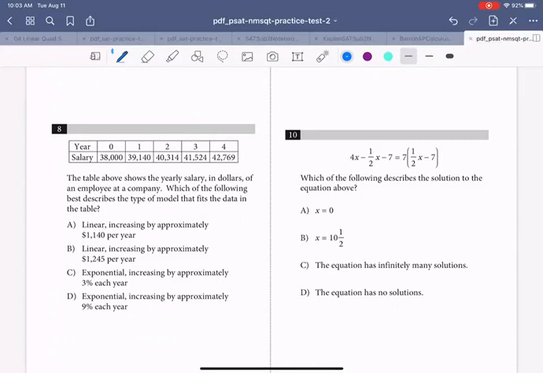You might want to use your calculator to help you figure out this question, okay?